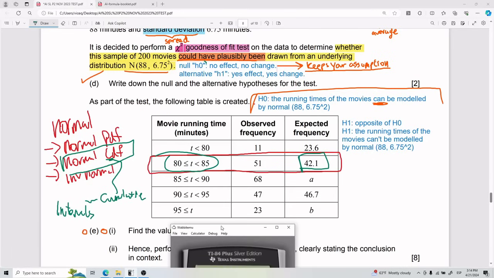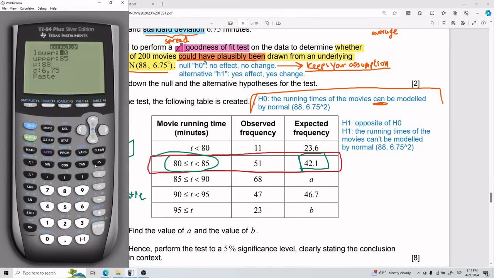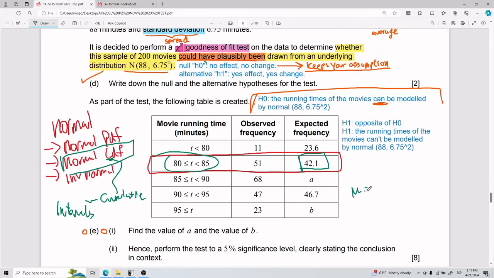From here, you can say, okay, my lower can be 80, and your upper is 85. This is the example in red. This symbol here, the U, is the mean, and they give it to you right there.